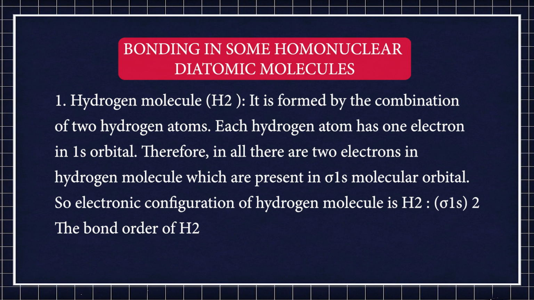So, the electronic configuration of the hydrogen molecule is σ1s². The bond order of the hydrogen molecule can be calculated as given here. Bond order is half of (2 minus 0), which is equal to 1. This means that the two hydrogen atoms are bonded together by a single covalent bond. Since no unpaired electrons are present in the hydrogen molecule, it is diamagnetic.